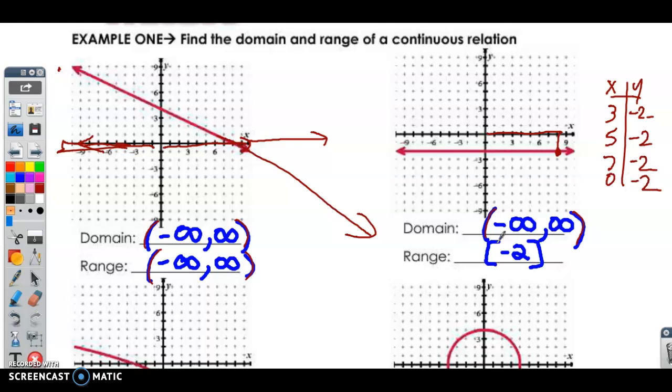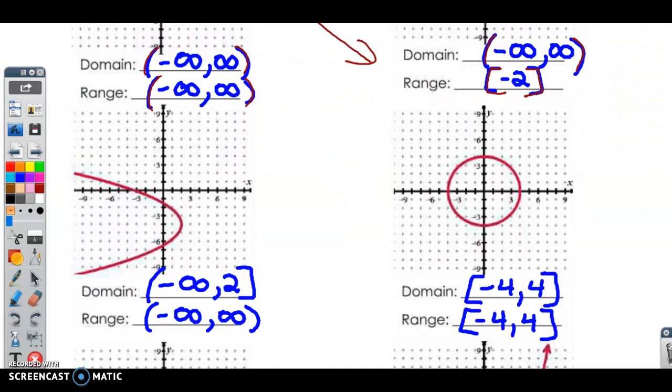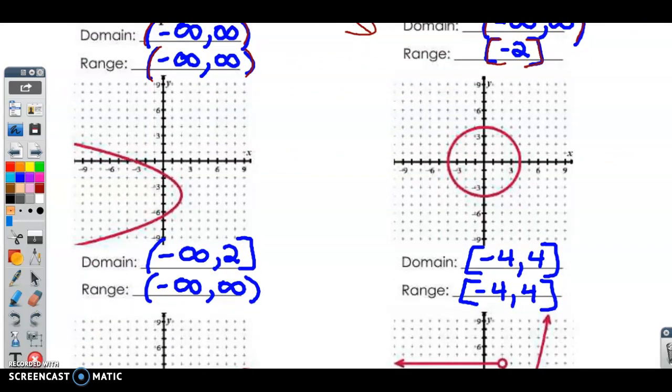And the way that we show that we include that value is by putting solid brackets around that number. The better example is coming up next, the solid bracket. So here, and this graph should really have arrows, we could keep going to the left and pick any negative x value we'd want, and we'd find a point on our graph for y.